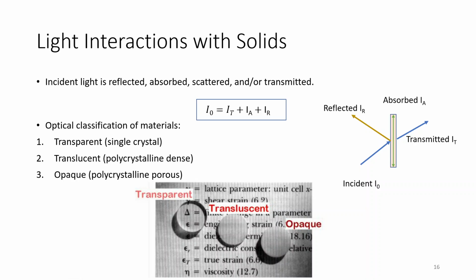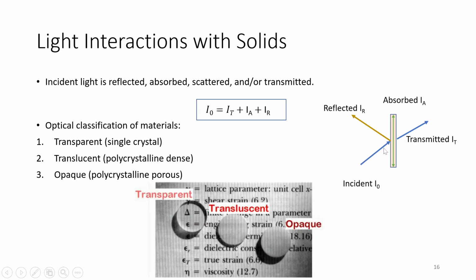Next is light interactions with solids. So incident light is reflected, absorbed, scattered and transmitted. So the light can be written in 3 terms. So IT is the transmitted part of the incident light.